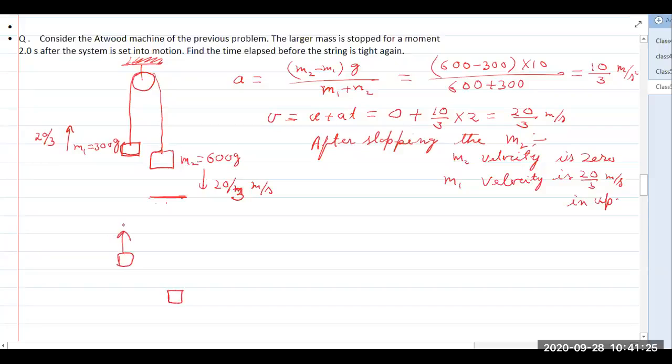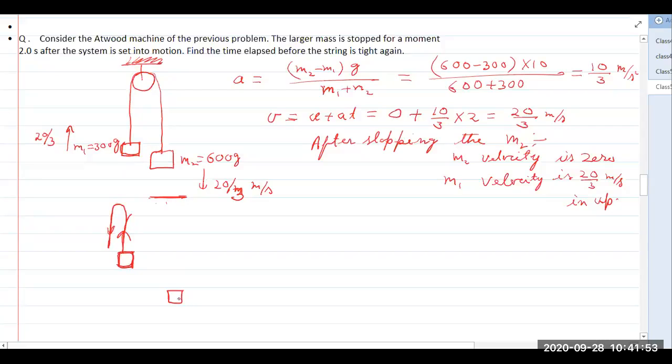To become tight again, the displacement of both the objects should be the same amount in a given time. What I am saying is this object will go up and then it may return like this because it is now falling under gravity. The string has become loose. Once the string has become loose, the object will go up and it may fall under gravity.